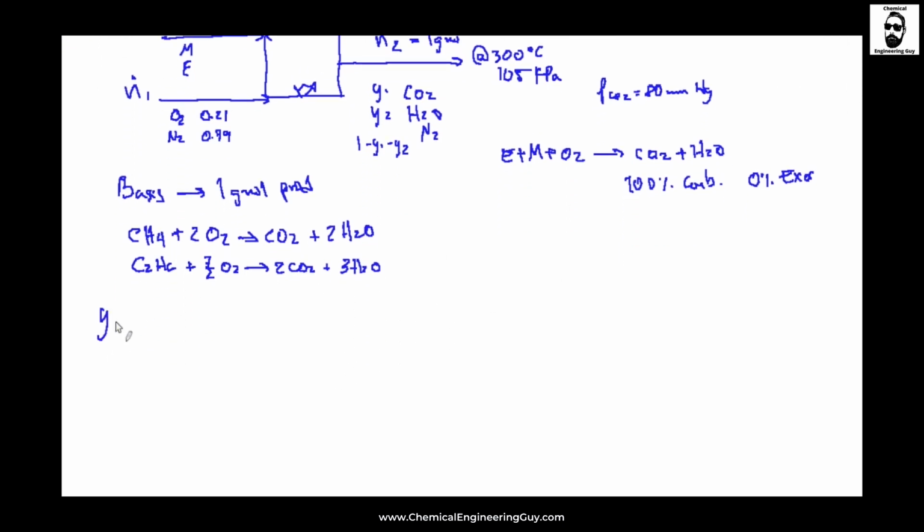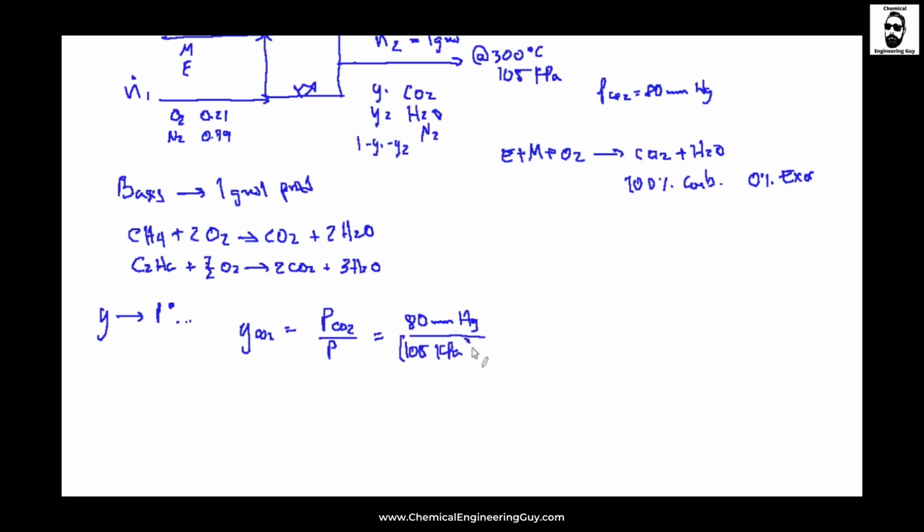We know the mole fraction could be calculated from this partial pressure. So let's do it. Y of CO2 equals the pressure of CO2 divided by the total pressure. This partial pressure is 80 millimeters of mercury, divided by P, which is 105 kilopascals.